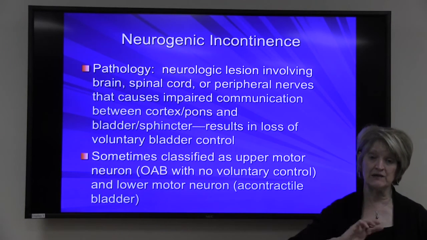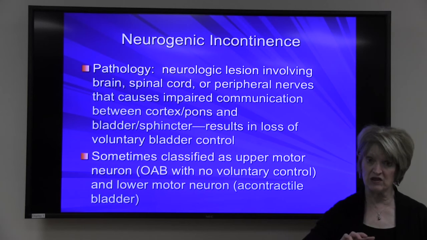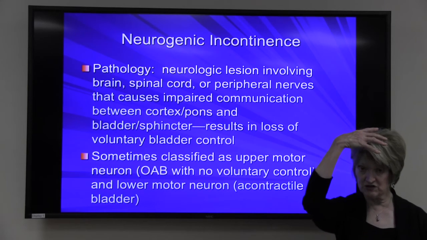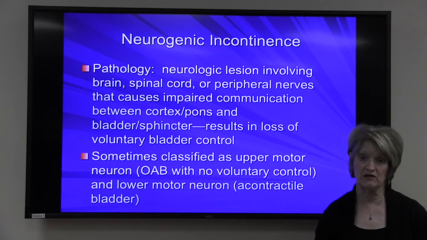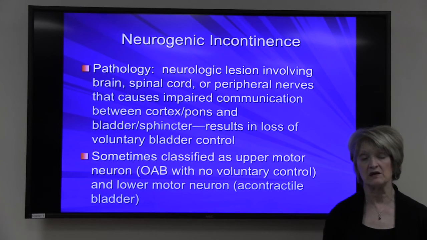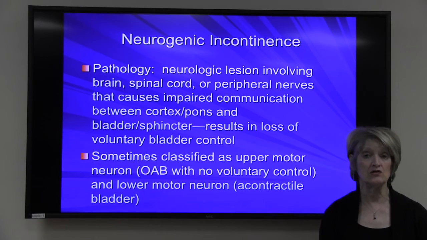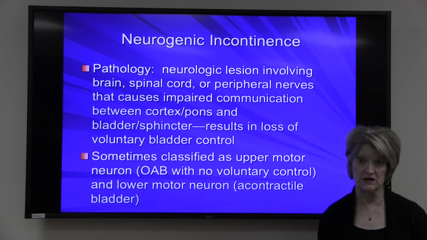So you're not getting messages back and forth reliably from the control centers in the head to the bladder and sphincter in the pelvis. End result, you lose some degree of voluntary bladder control.